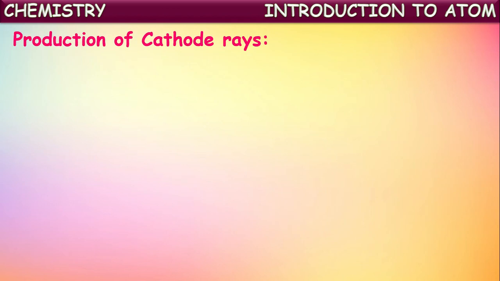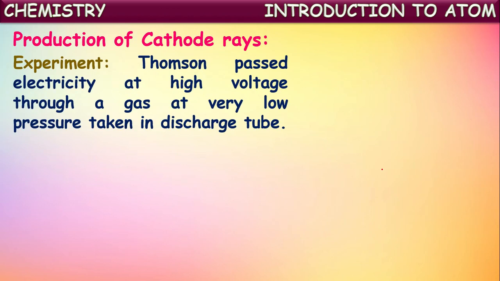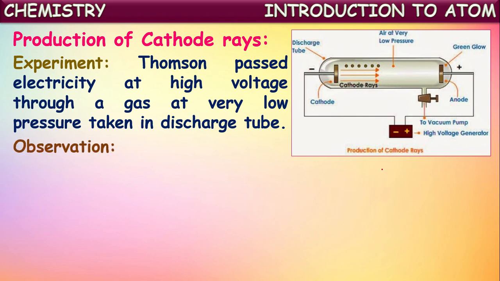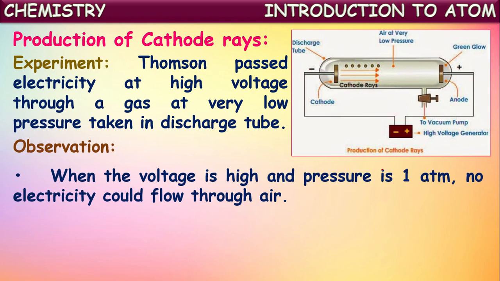Now let us see how cathode ray production was done. Thomson passed electricity at high voltage through a gas at very low pressure taken in a discharge tube. By this, the production of cathode rays was done. But what observations were made at the starting? Let us see those. First of all, when the voltage is high and the pressure is normal atmospheric pressure, around 1 atmosphere, he observed no electricity could flow through the air.